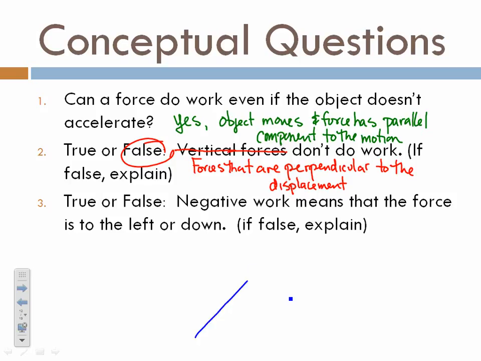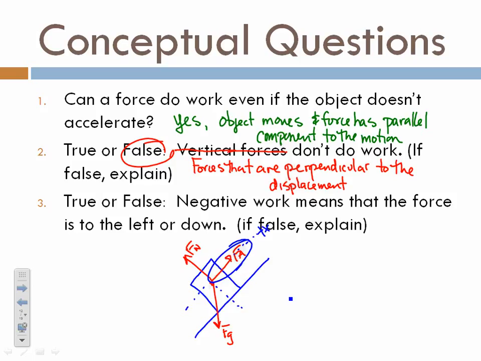But what about something like this? In this case, we have a number of forces that might be acting on our box. Maybe we have an applied force up the ramp. We have the normal force, just like so, and we have the gravitational force pulling straight down. So which ones are doing work? Well, the applied force is doing work. Why is that? Let's say this thing is going up the ramp.